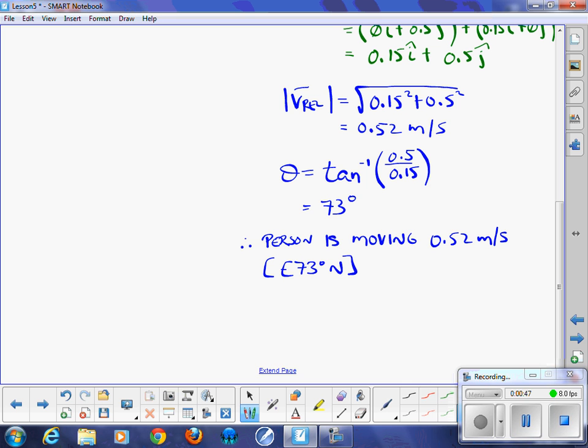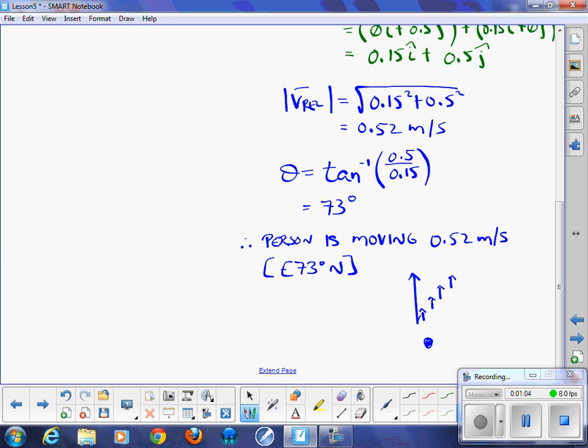So the runner is heading in this direction, but he's actually heading in this direction when you're watching from this vantage point here. And for the runner as well, really the runner is constantly facing north.